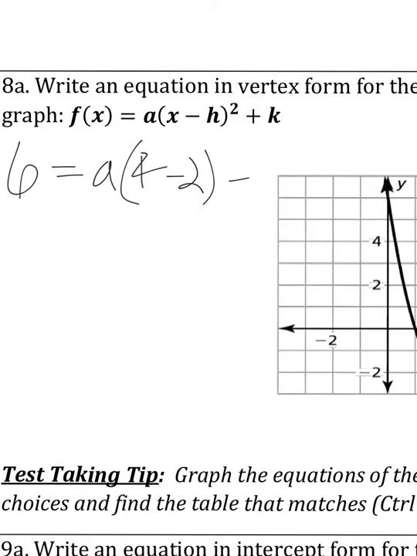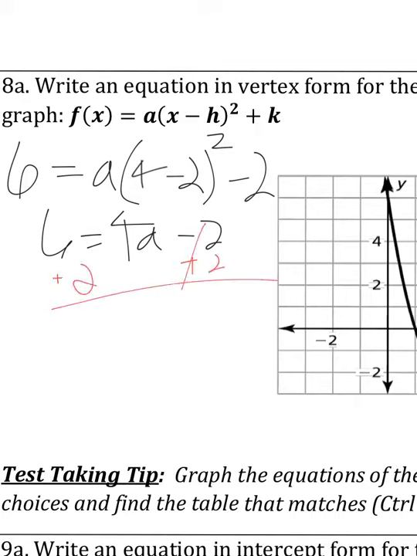Plus k was negative 2, and this is squared. So what's 4 minus 2? That's 2. What's 2 squared? That's 4. So we have 4a minus 2 equals 6. So let's add 2 to the other side, and we get 8. 6 plus 2 is 8. 8 equals 4a. Divide both sides by 4. 8 divided by 4 is 2.